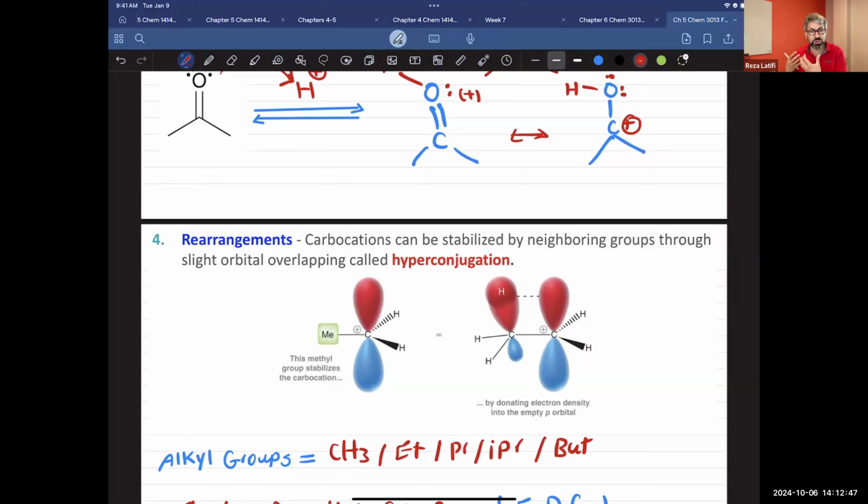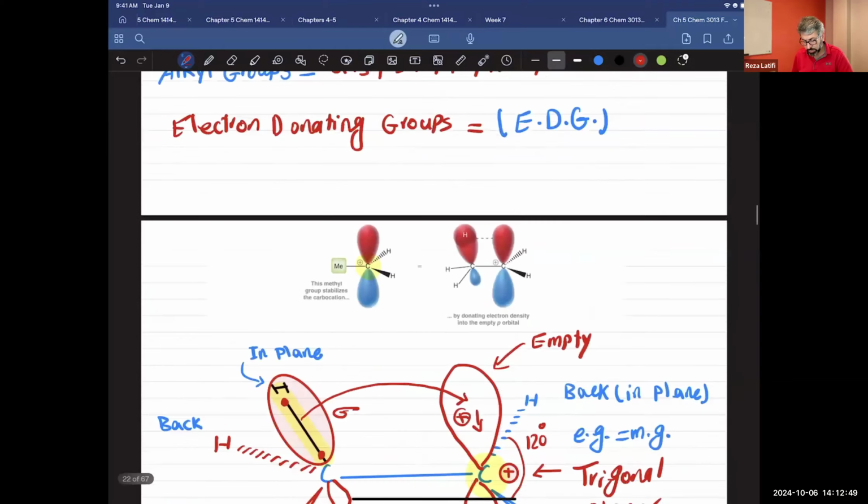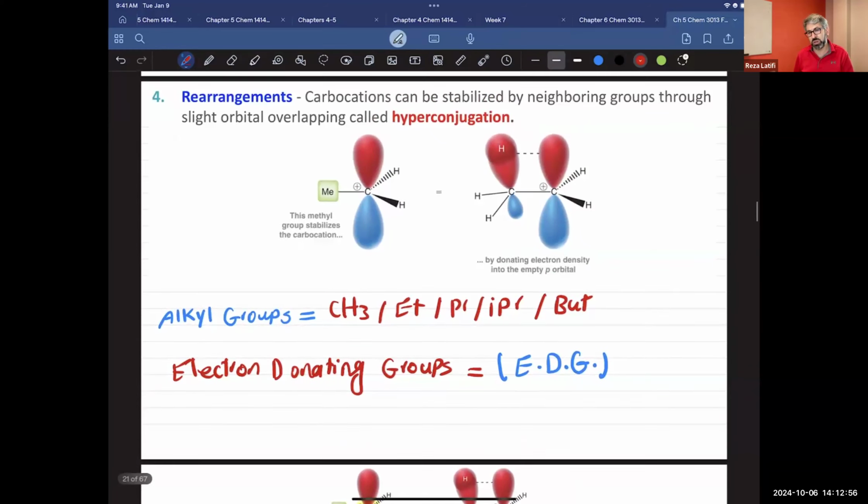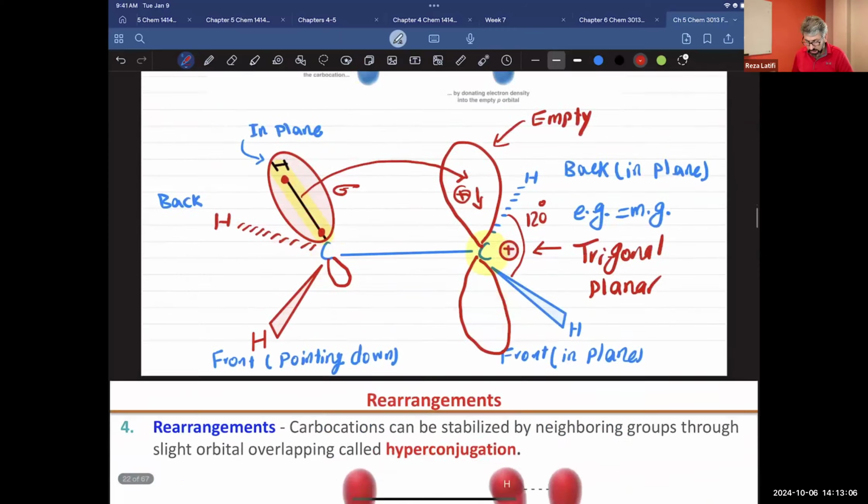We're talking about electron donating groups. Alkyl groups we call electron donating groups because they can help the positive charge to go down. They can help carbon drop the positive charge through sharing electrons, through hyperconjugation.